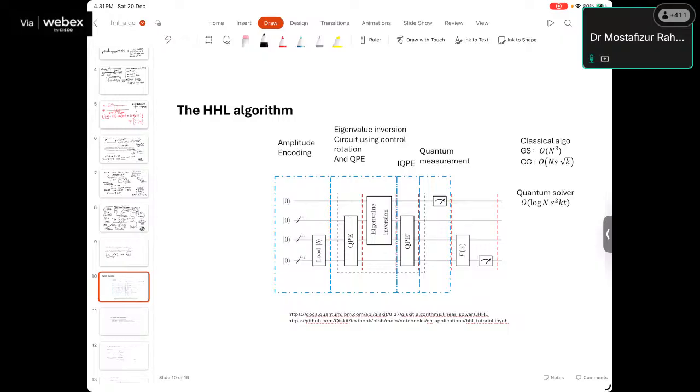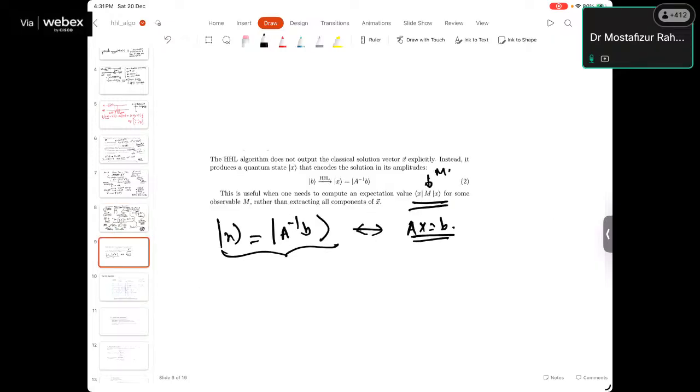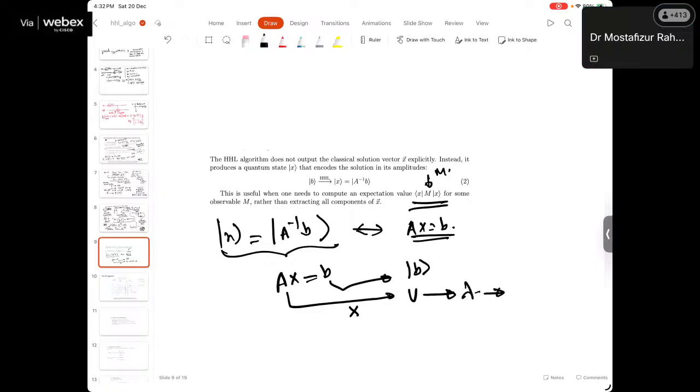The actual solution I was discussing: what are the components of the linear equation Ax equals b? For the b part, you should have an encoding to ket b. A cannot be directly done on quantum; you need to encode a U corresponding to A. Then if you identify the eigenvalues lambda of U, you also understand the eigenvalues of A, because U equals e to the power minus iAt.